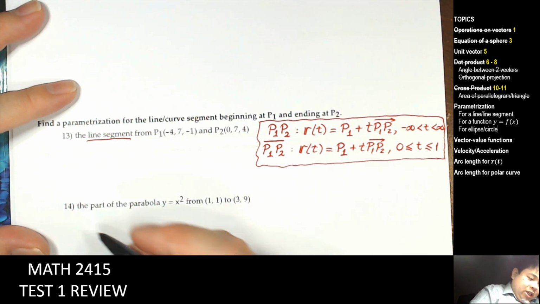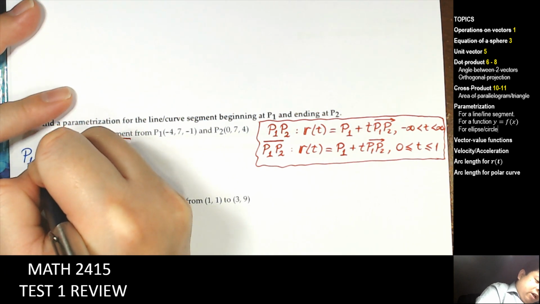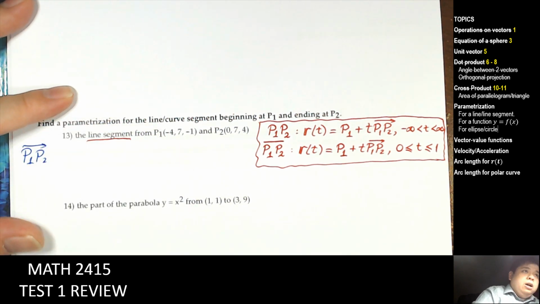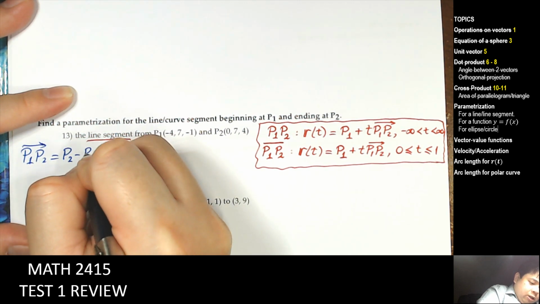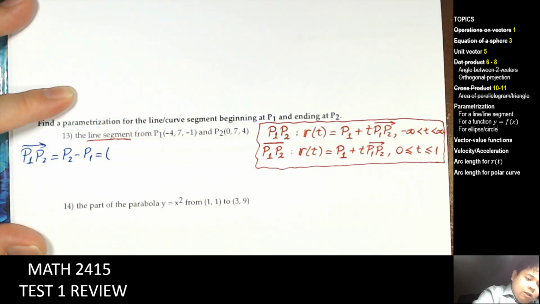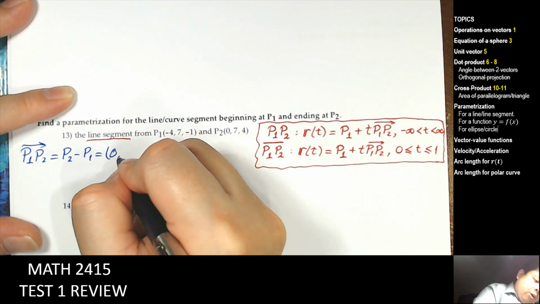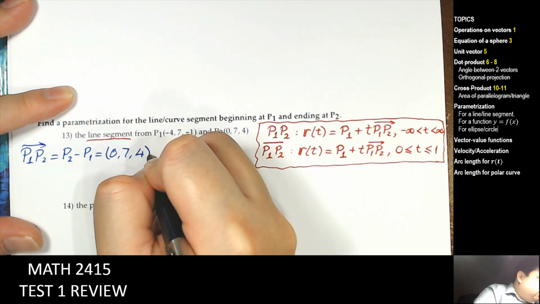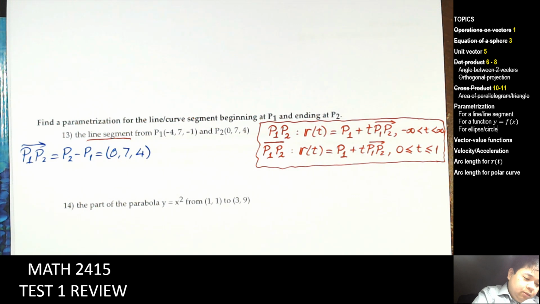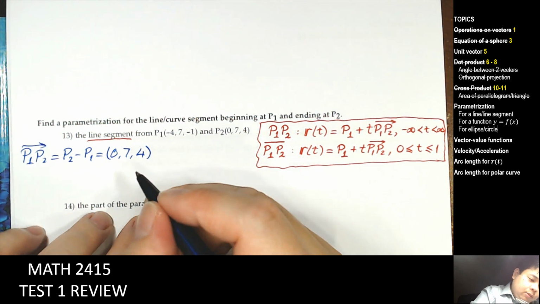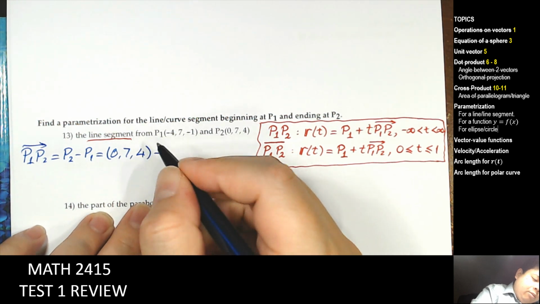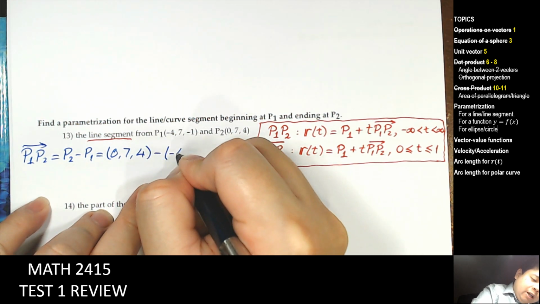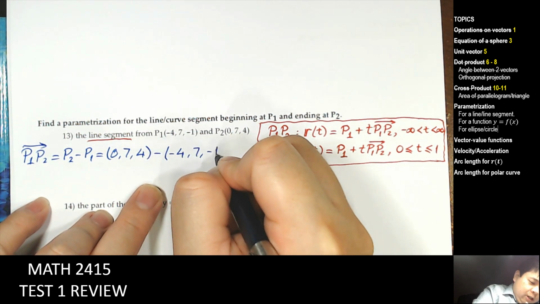P1P2 is equal to P2 minus P1. P2 is 0, 7, and 4, and P1 is negative 4, 7, and negative 1.